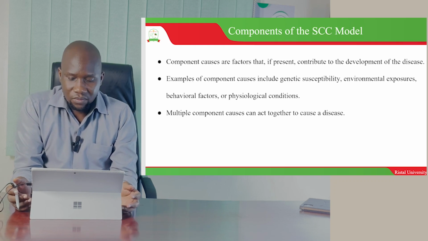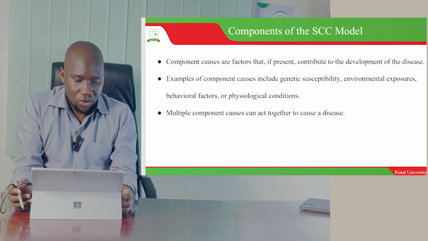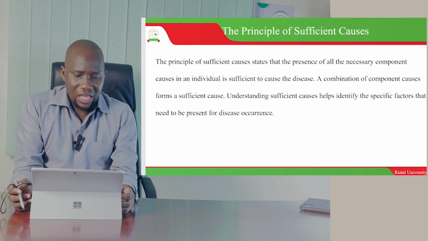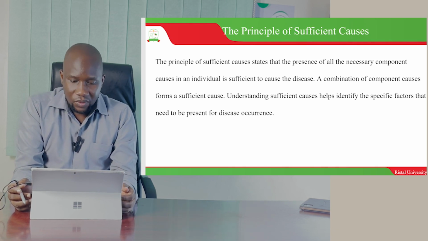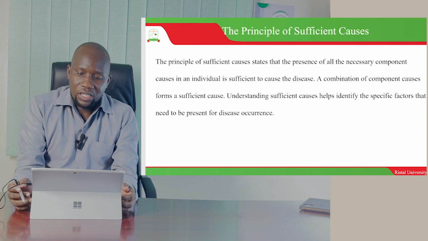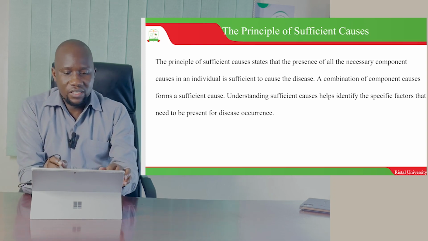These factors act together in order for the disease to happen. But there is one underlying principle, which is that all these factors should be present for the disease to happen.